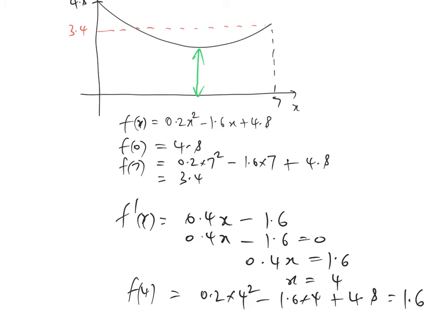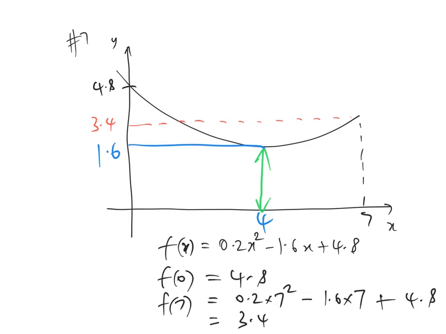Yes, it is 1.6, and so there it is here. If we put that in blue on the diagram, you can see that the height is 1.6 and the x value is 4, so we've got a coordinate of 4 and 1.6, which gives us the lowest point on the curve.